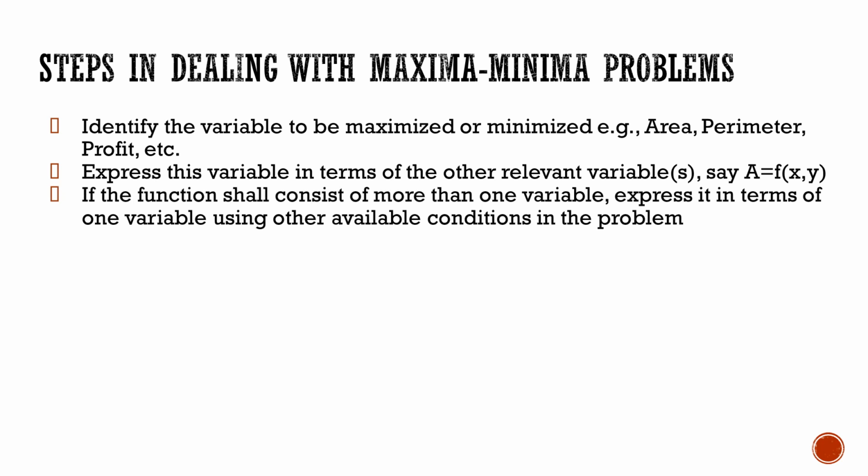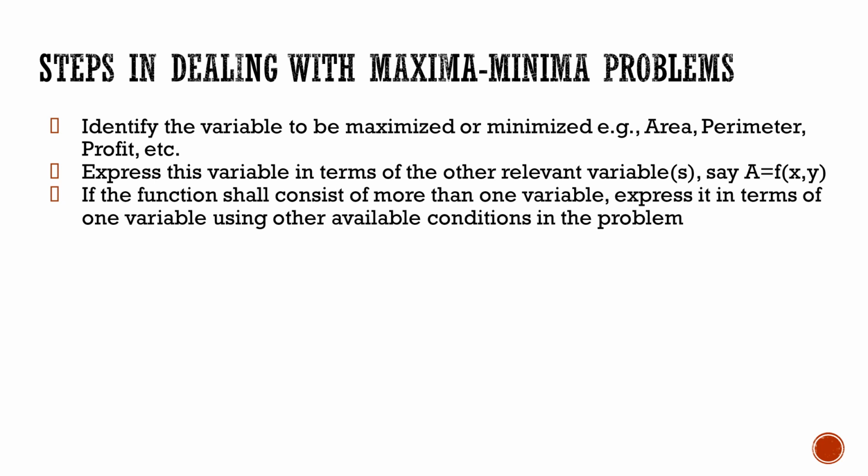Next, if the function shall consist of more than one variable, express it in terms of one variable using other available conditions in the problem. So, meron at merong other conditions that will be present in the problem that we could utilize so that we will not be dealing with a certain function na napakaraming variable.